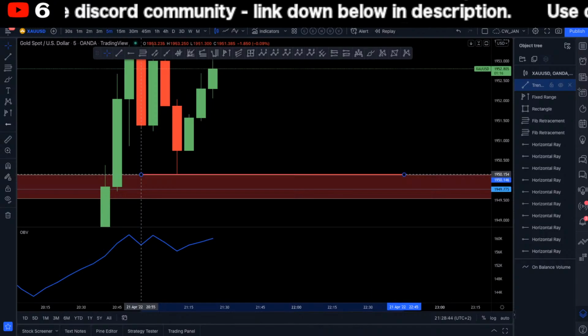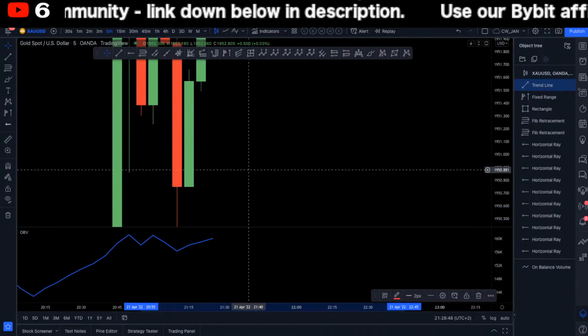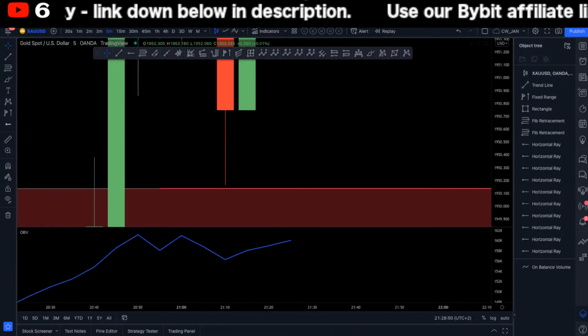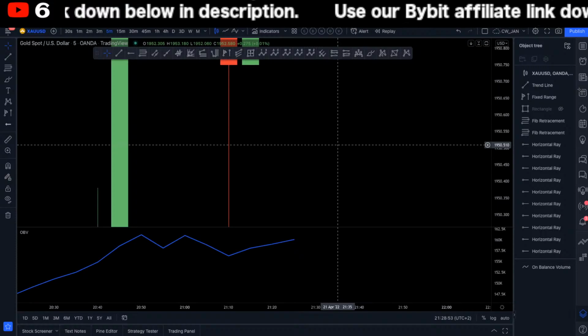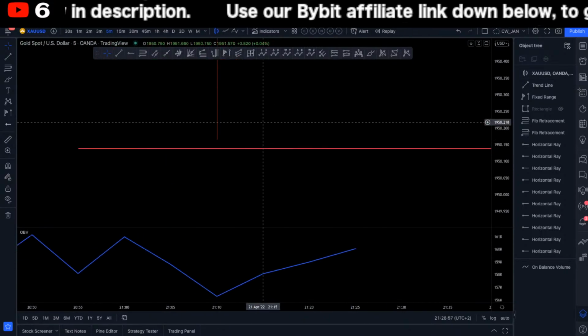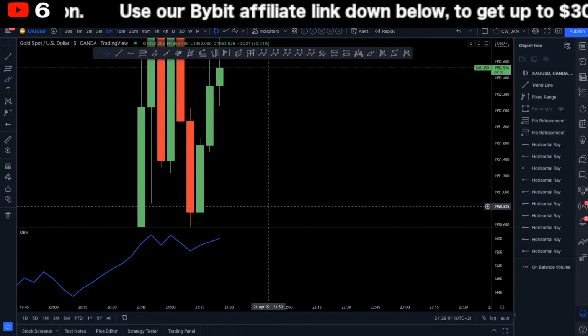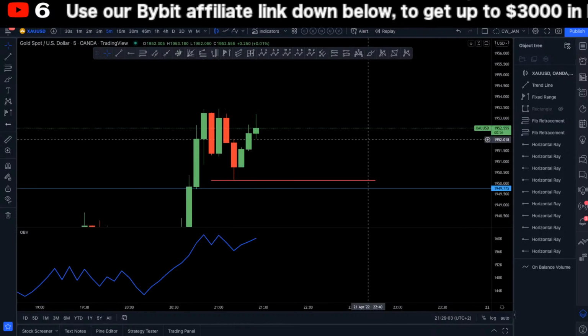Guess what? I didn't get filled. I didn't get filled. Right there. Look at this. This is so annoying. I'm sorry for being rude, but gold is killing me.